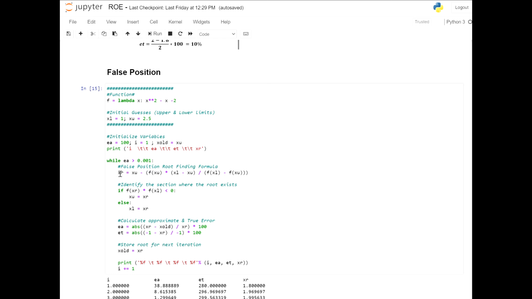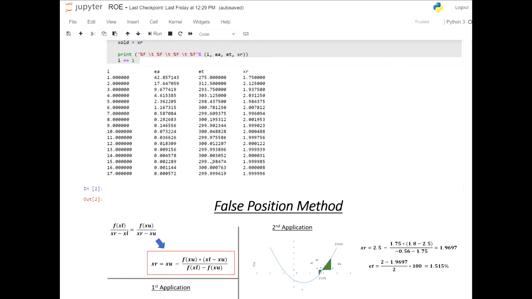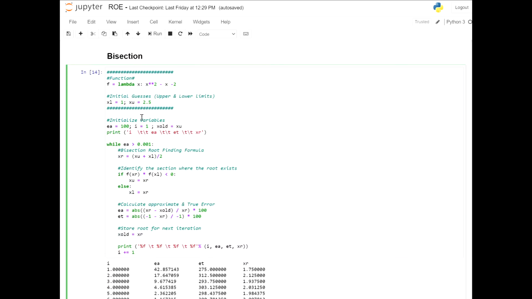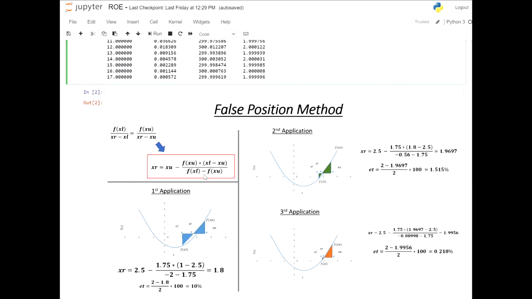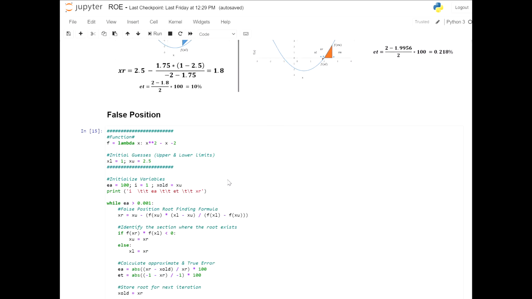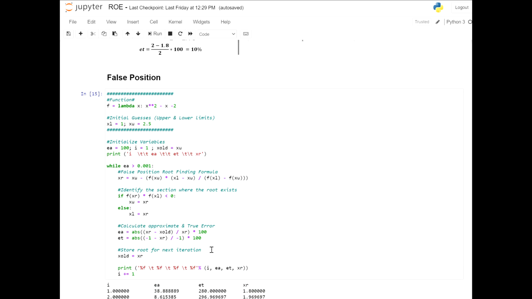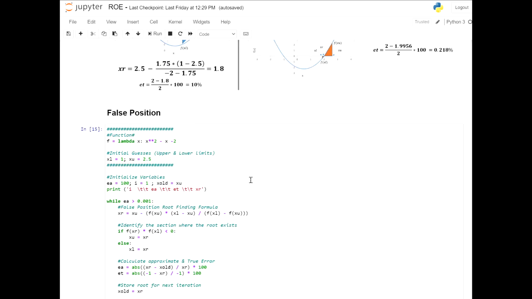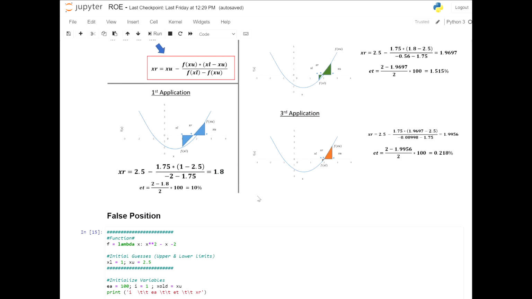What XR is equal to is different. When I go back to the bisection, XR is the upper limit plus the lower limit divided by 2. Now the XR is going to be defined in this equation. So the only difference in this code from the bisection code is that I am now equating XR using this equation here, which is identical to what we have up here.